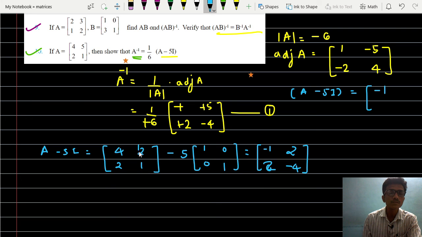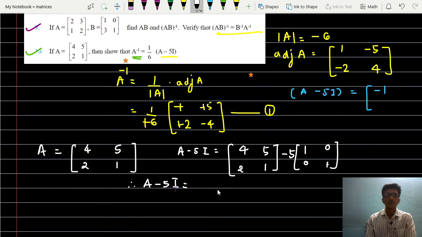A matrix is this, here it is 5. Now A minus 5I, it is 4 minus 5, that gives us minus 1. 5 minus 0 it is 5.